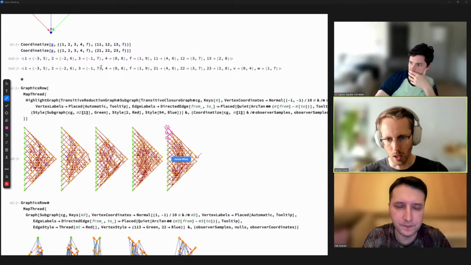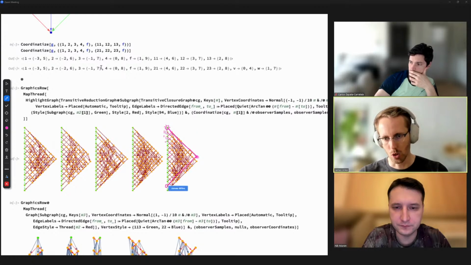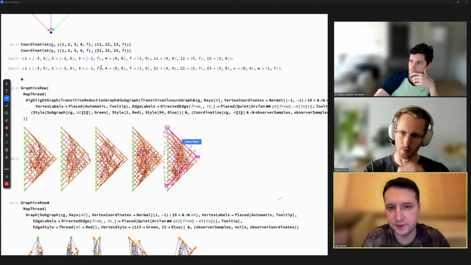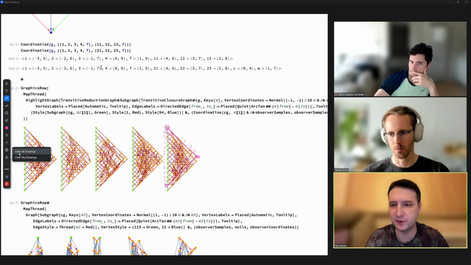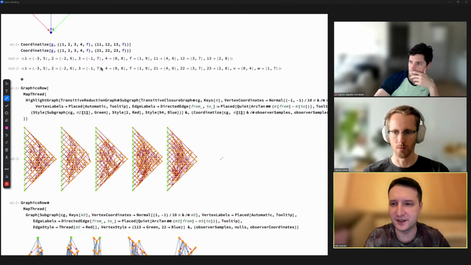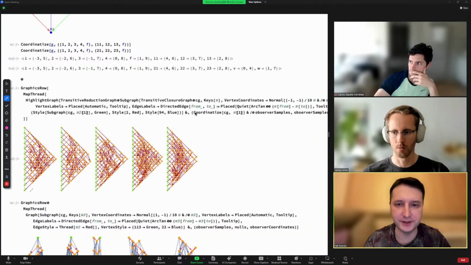This very far one, the observer sent out a signal at this point, and the first time it got a signal back was here, later down the line. So the number of time steps it took indicates how far away it is. Yeah, exactly. You compute it just by graph distances, counting the number of edges, essentially, to that particular event.